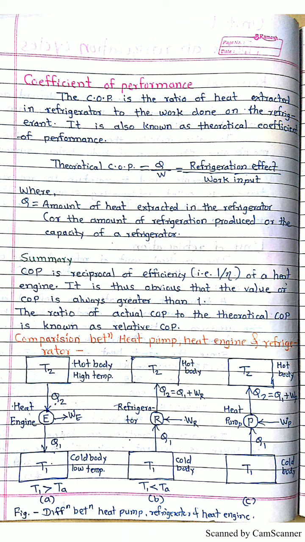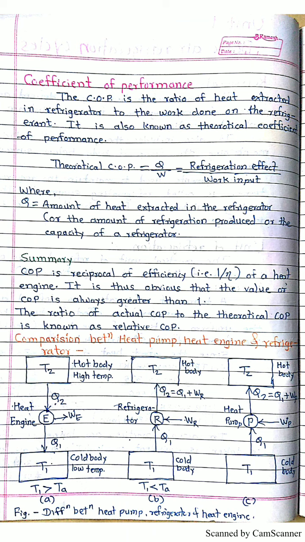So the efficiency is always less than 1. But the coefficient of performance is the reciprocal of the efficiency. So please remember that the theoretical COP of a refrigeration system is always greater than 1.